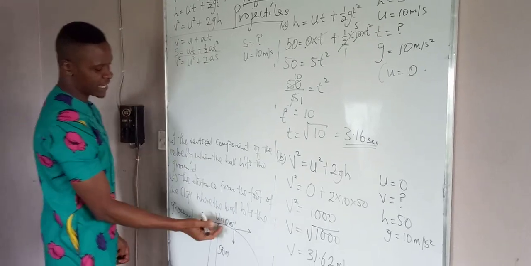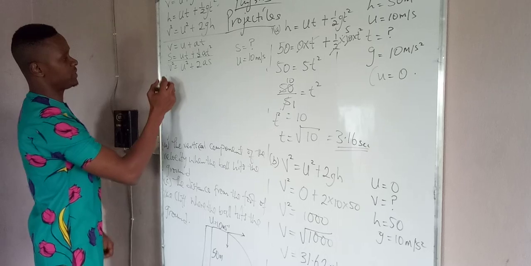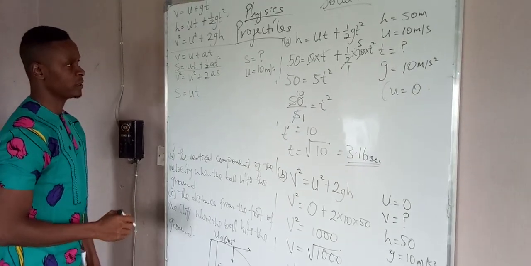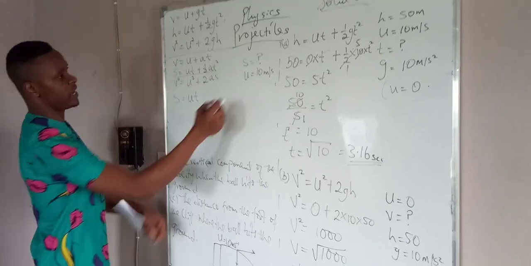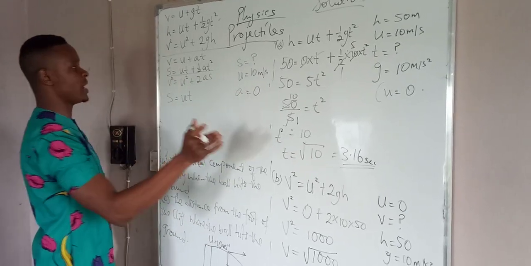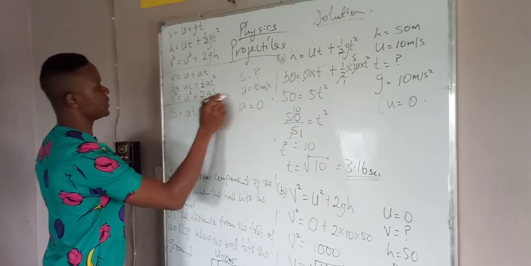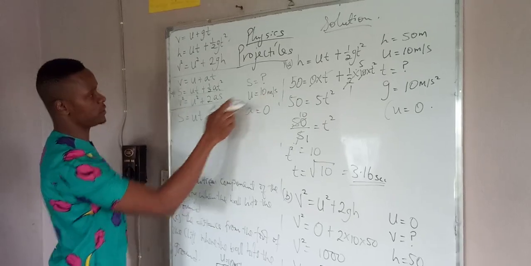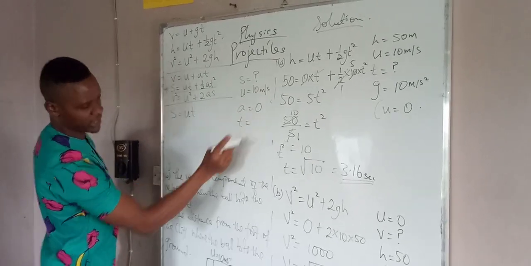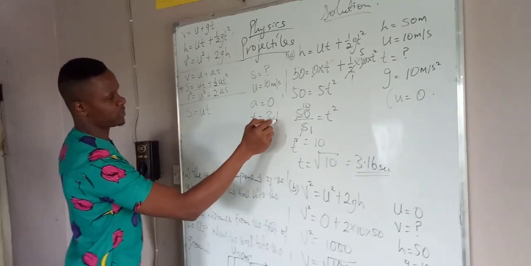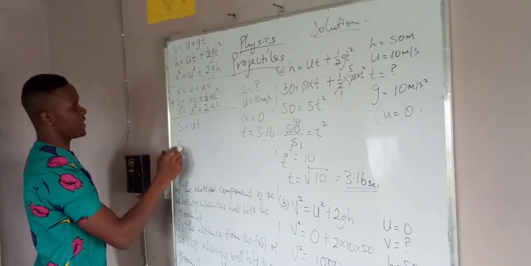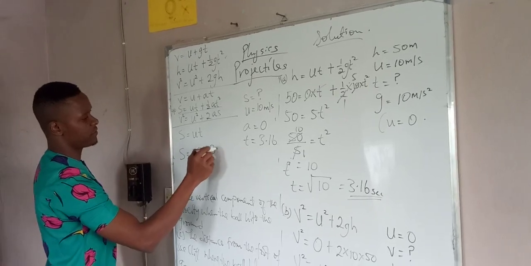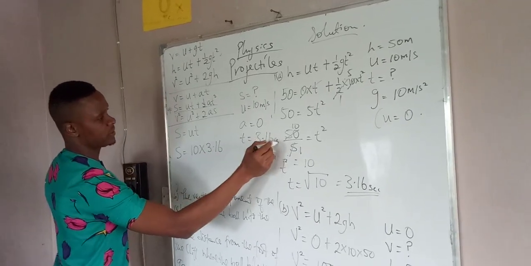Already we've determined the time it will take to come to the ground level. But let's see. This becomes S equal to UT. Okay? S becomes, because A is 0, no acceleration. So we are using the second equation where S is equal to UT. Substitute the values. Our T already is 3.16. So S now would be U is 10 times 3.16 seconds.